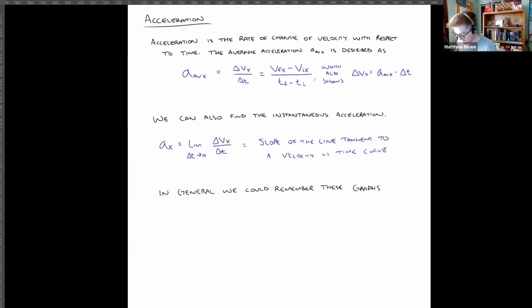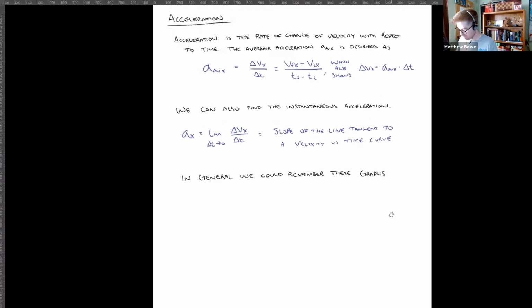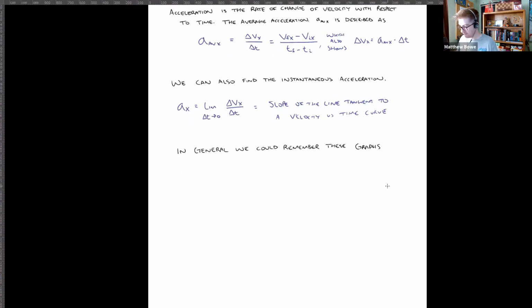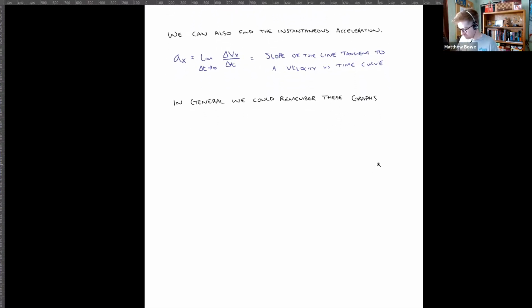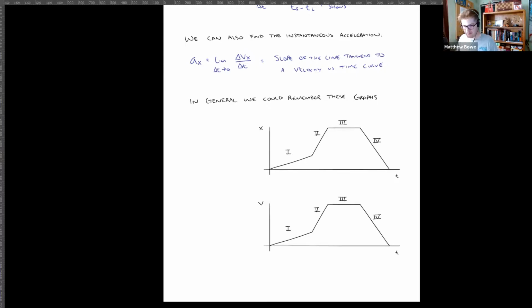But for right now, in general, I'm not going to do another big acceleration example, but I will sort of do a summary of the two kinds of graphs. So I have these two right here, and I've broken them into sections.